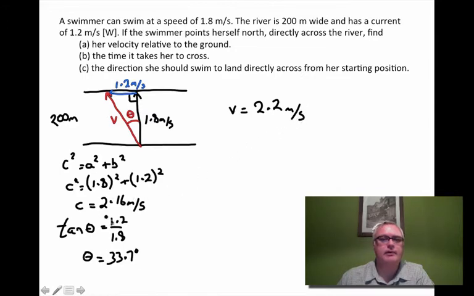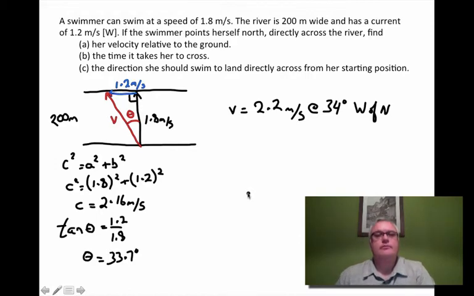Again, I've rounded this answer to two significant figures. And they're swimming at 34 degrees, and that is the direction west of north. Okay, so it's basic vector addition. We're adding the velocity of the swimmer and the velocity of the water to get a resultant.